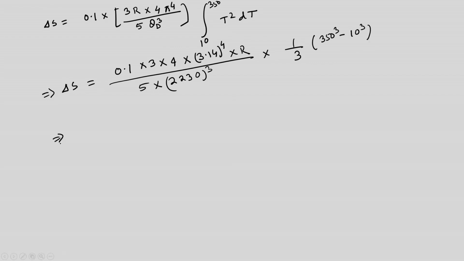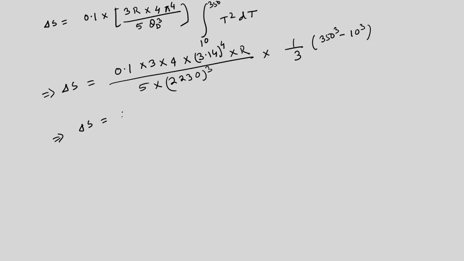If you integrate T squared dT, we get 1 by 3 T cubed, and if we substitute the value of initial and final temperature, we get 1 by 3 times (350 cubed minus 10 cubed). So, we get delta S is 0.30 R.